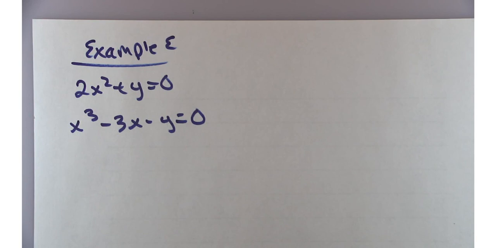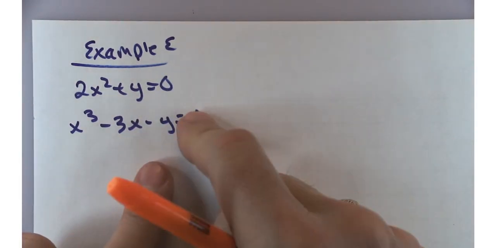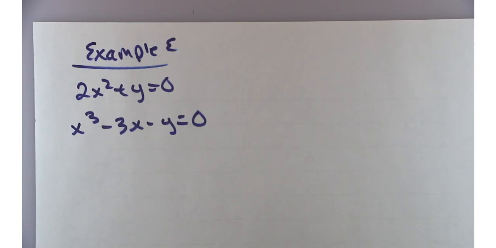Let's see. Would that exactly... I think you could do that. I'm trying to run through the math if you set them equal to each other because they're equal to 0. Let's see, 2x squared.